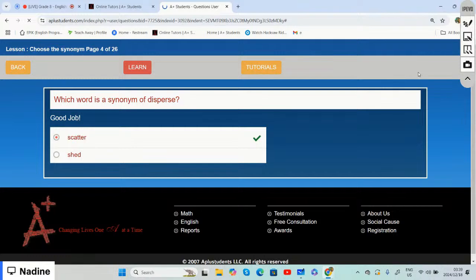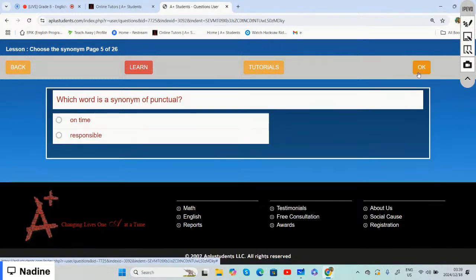All right. Which word is the same as or the synonym of punctual? Is it option one, on time, or is it responsible? On time or responsible?